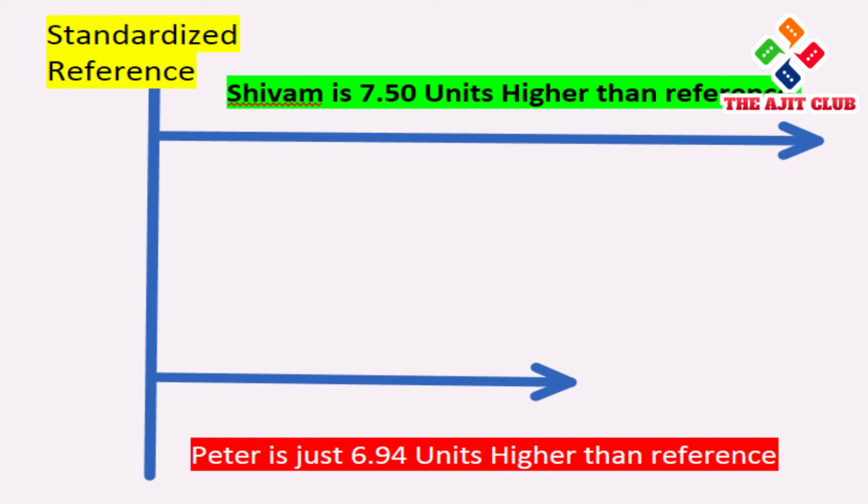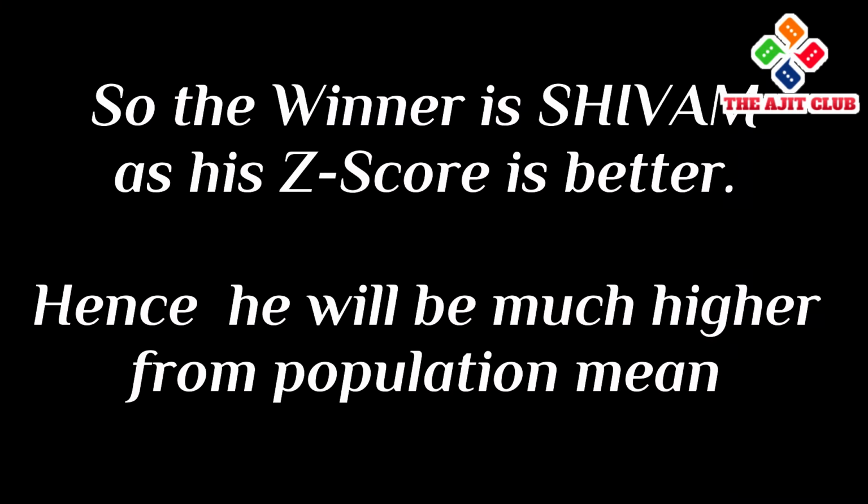This means Shivam was actually 7.5 units higher than the reference. And what is that reference? That we have created, because we talk everything now in Z-score, and Peter is just 6.94 units higher than the reference. So Shivam is leading. That means in that particular case, contrary to the principal's belief, the winner is Shivam.